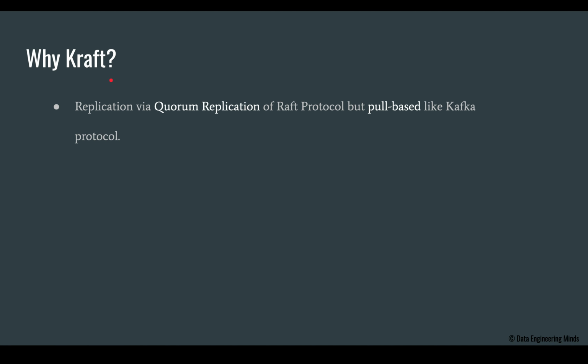Now let's see why we call this new protocol used by the quorum controller the Kraft protocol. For replicating the metadata across all the controller nodes inside the quorum controller, we use a method called quorum replication, which is implemented by the Raft protocol. But at the same time, for actually replicating the metadata, we still stick to the pull-based method used in Kafka. That is, all the followers make a fetch request for replicating the metadata.